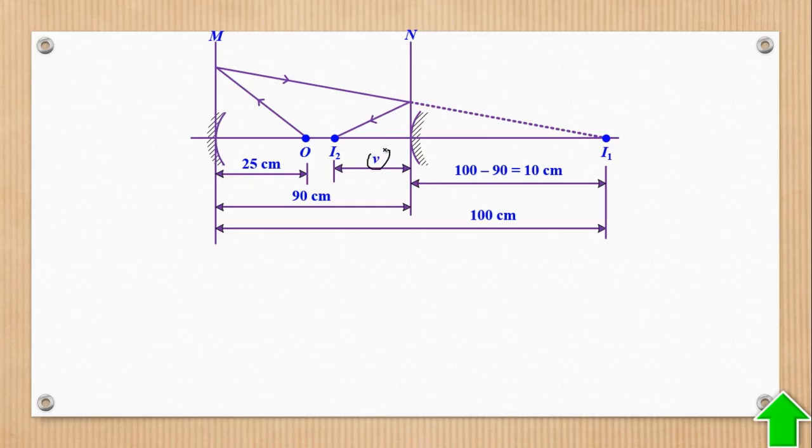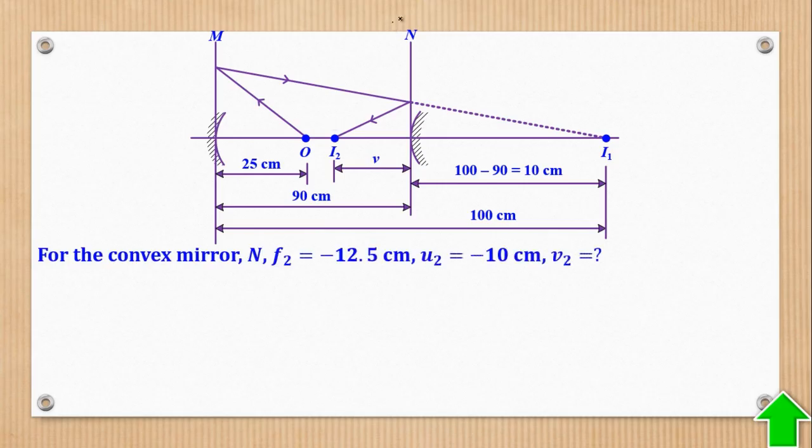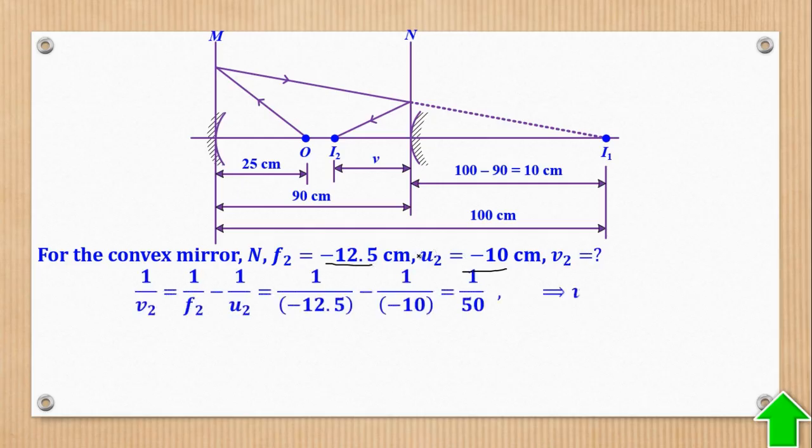Then the final image, we don't know the image distance. So we shall come and say that for the convex mirror, which is this, focal length is negative, object is negative because it is virtual. So when we use the mirror formula, we can get the value of V2, which is 50 centimeters.